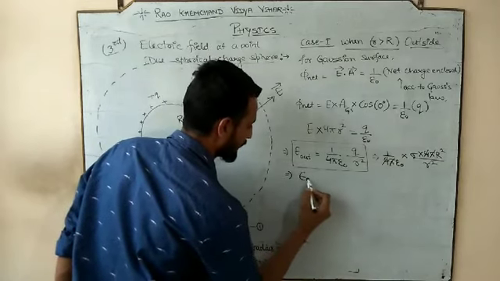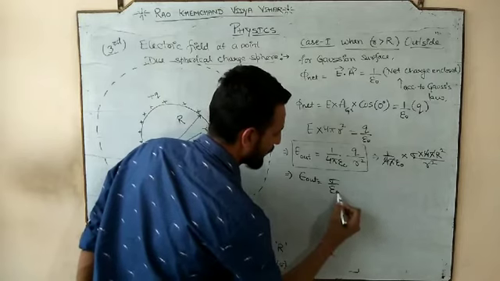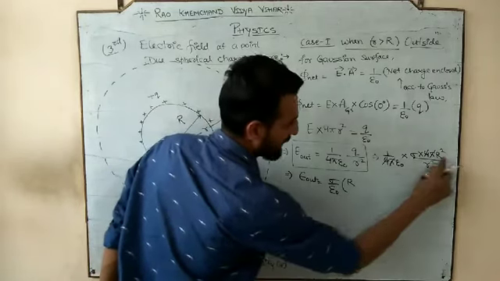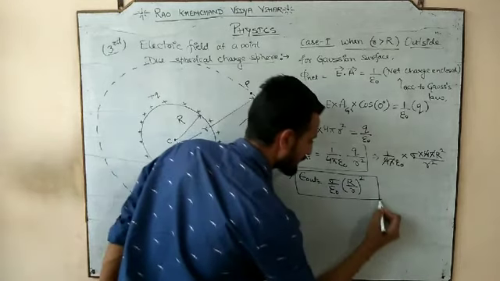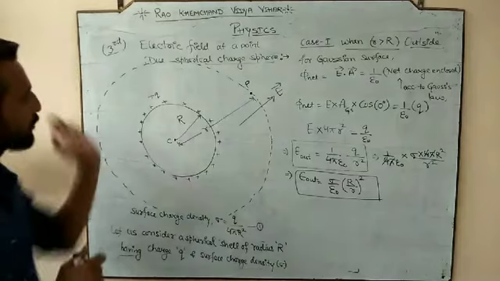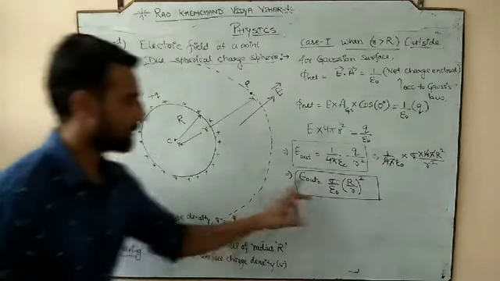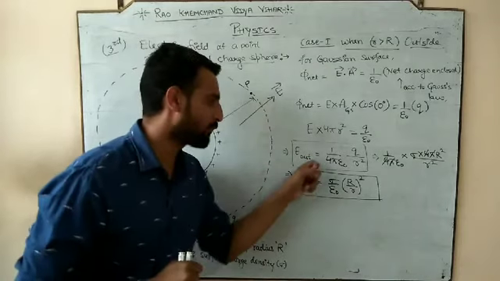And what is the electric field outside? The other formula that we got: sigma by epsilon naught, capital R square by small r square. So we have another formula for the electric field outside the spherical shell, but in terms of surface charge density. So you should have both the formulas.